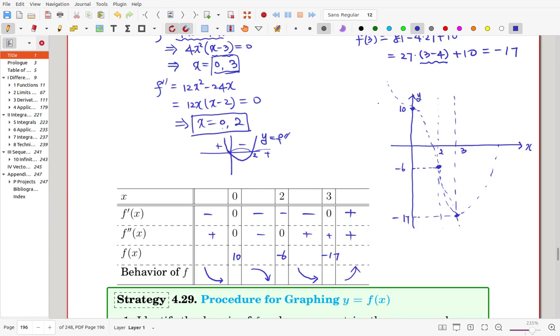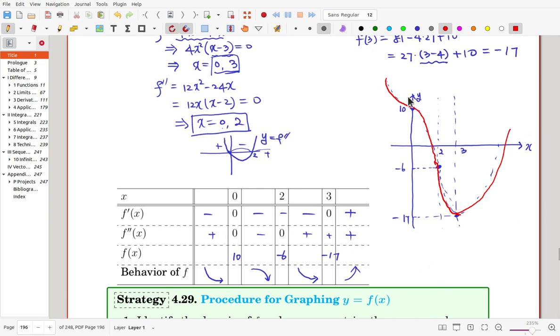Right? Let's try to use a red pen. Here it goes down, now goes down but concave down, passing the point. And from the point it is concave up, and the right side of 3 is up and concave up like that. So that is a rough sketch of the graph.